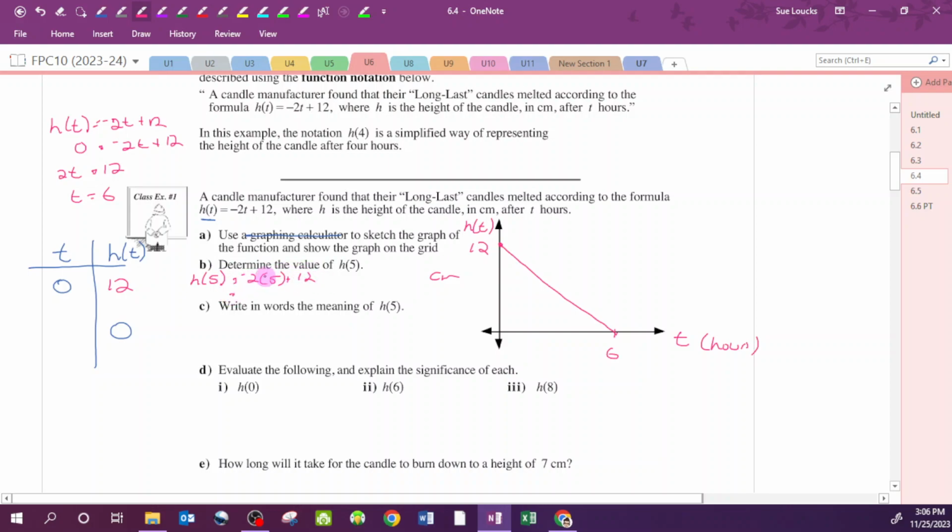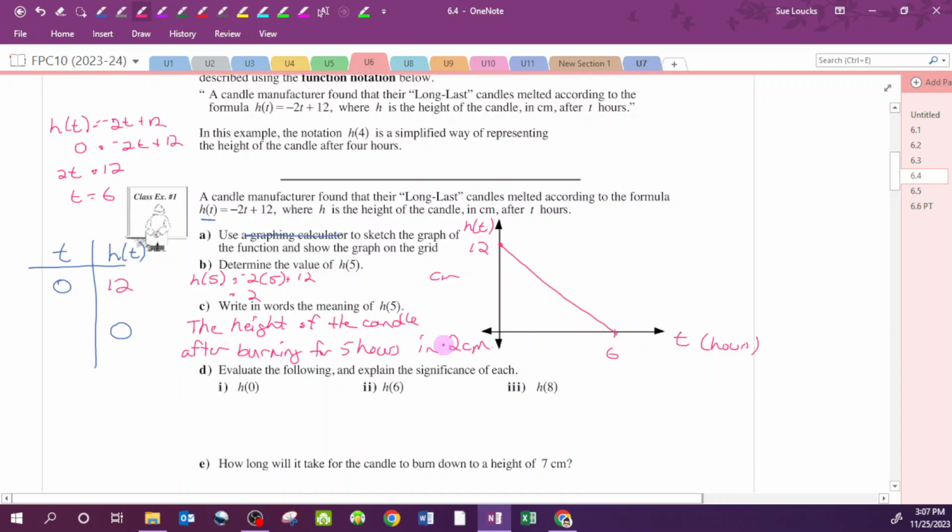So that's minus 2 times 5 is 10, negative 10 plus 12, so that's 2. So there's my answer, 2. And what does this mean? It means that the height of the candle after burning for 5 hours is 2 centimeters.